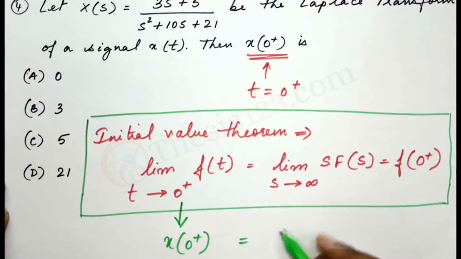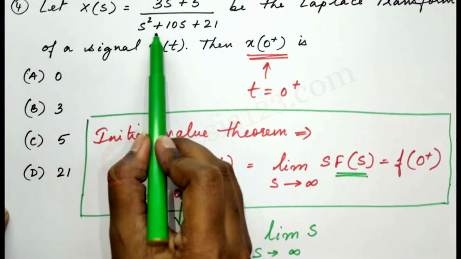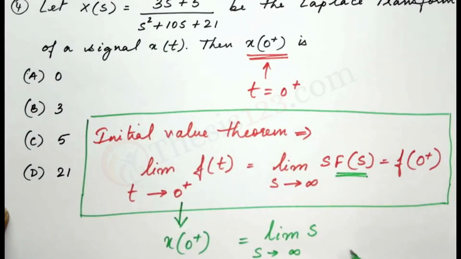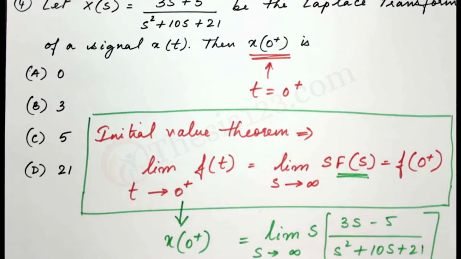So that would be the limit of s tends to infinity of s into X(s). Now X(s) is given to us as this Laplace transform here. So we just substitute that value: (3s + 5) divided by s² + 10s + 21. Okay.